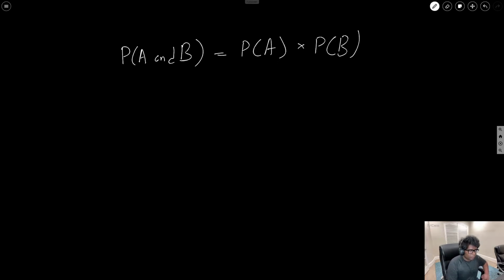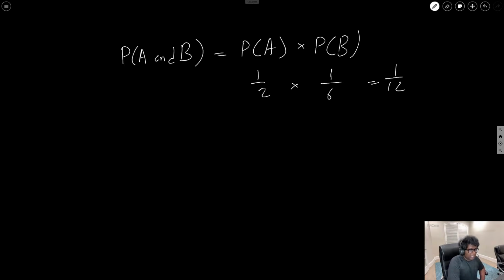So the probability of A and B happening would be probability of A times probability of B. The probability of landing a head and rolling a 6 on a die would be 1/2 times 1/6. They have no correlation with each other. Just because I get a head doesn't mean I automatically get a 6. So that's a 1/12 chance of getting both.